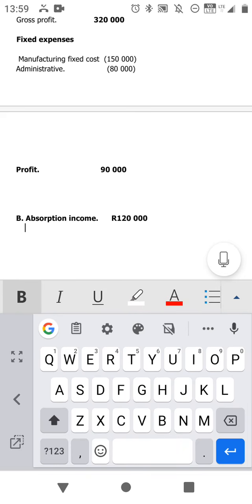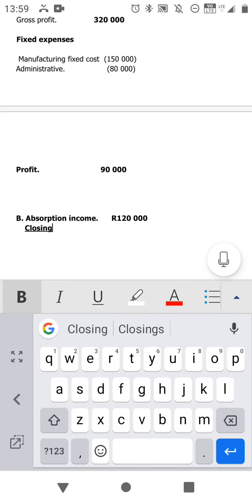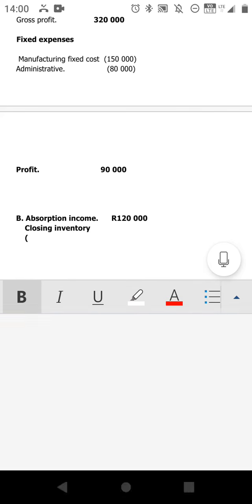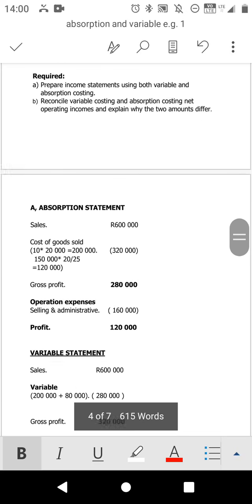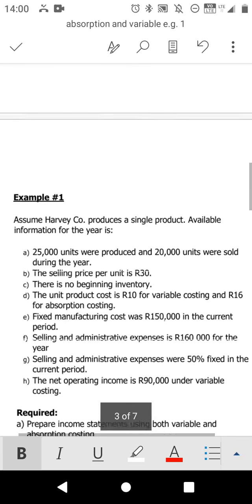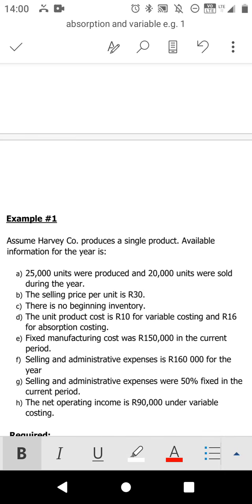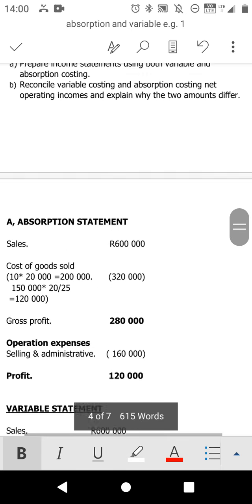Then now we have to say the closing inventory. We have to show the calculation. How do we get this one? If you still remember, in the first part I explained that we manufactured 25,000 units and we sold 20,000, which means that the remaining one which was not sold is 5,000 units.